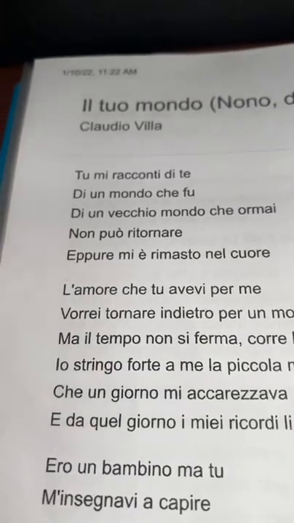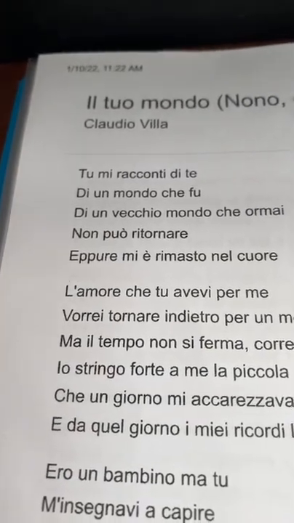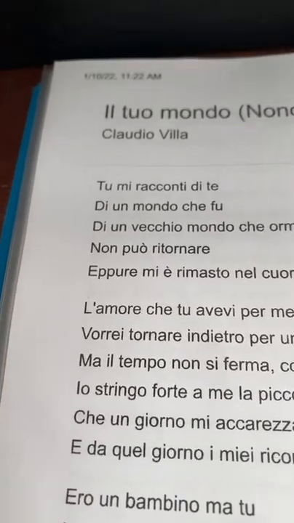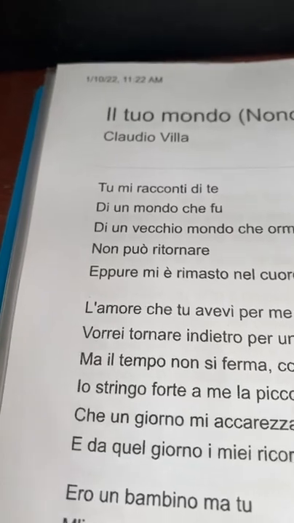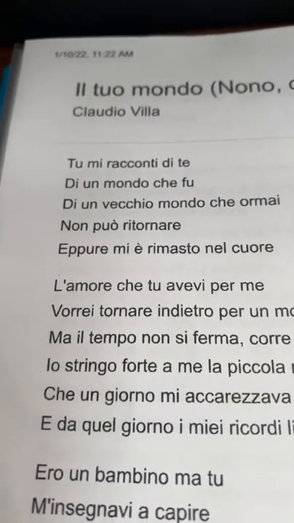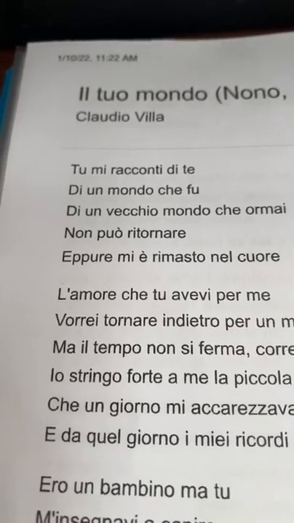So it's called a disjunctive pronoun. So if you know the difference between conjunctive and disjunctive, you're doing well, because it takes quite a long time to know the difference. Di te, of you. Tu mi racconti. So you're telling me of you. That's another example of di te. Di un mondo, of a world.